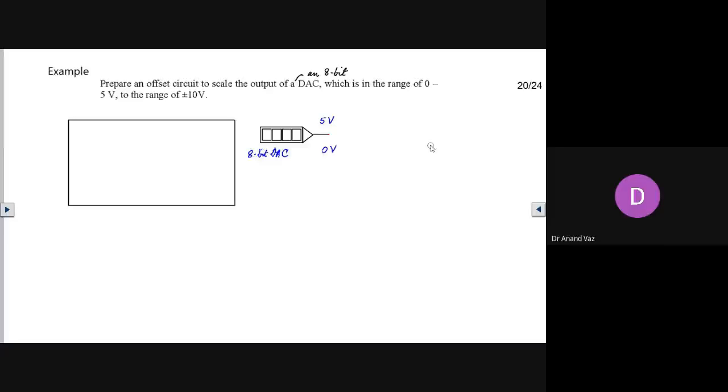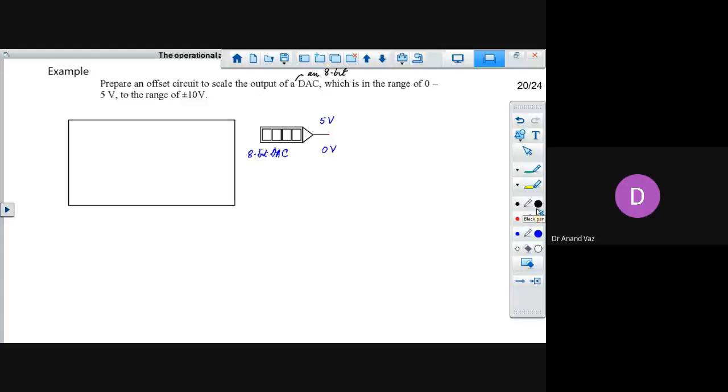And so before we work out the details of the operational amplifier, let us formulate the equation for the relationship between the DAC voltage and the output of the offset voltage circuit. So let us work that out. I've got a box prepared here beforehand, and also this icon kept ready here.